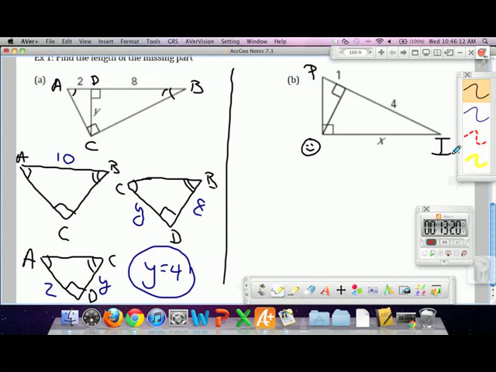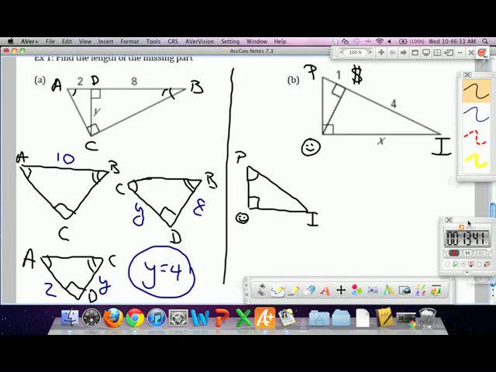Okay, let's redraw our right triangles with the corresponding parts in the same spot. Right triangle, P, smiley, and I. Let's see, the middle-sized triangle is dollar sign. I corresponds to I, and smiley is now the smaller angle.